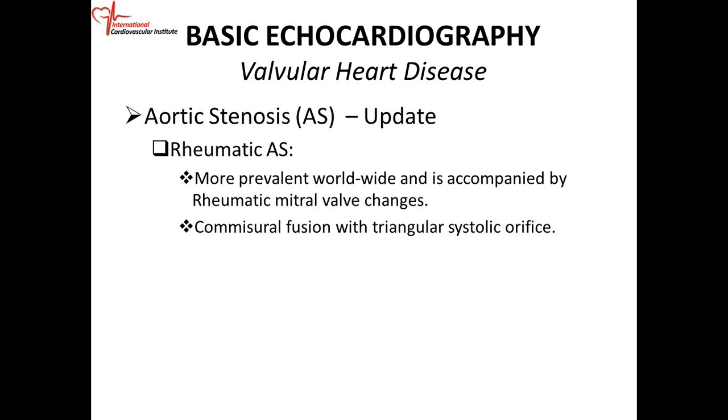So if you're going to have rheumatic aortic stenosis, the patient will also have rheumatic mitral stenosis. They will have both. With rheumatic AS, you get commissural fusion, and the systolic orifice is triangular. Unlike your bicuspid, where it's a football shape, in rheumatic it's triangular, and you get commissural fusion.